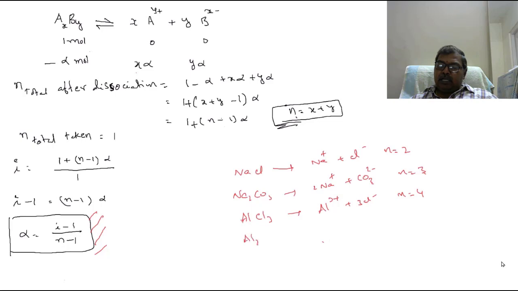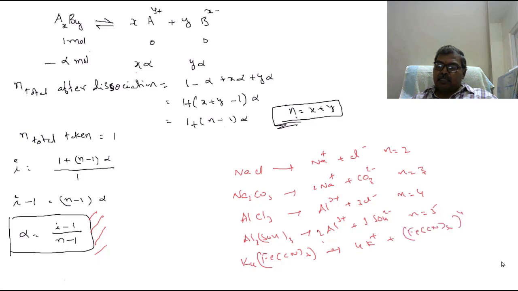Next, Al2(SO4)3, 2 Al3 plus, 3 moles SO4 2 minus, n equal to 5. K4[Fe(CN)6]. For this salt, 4 moles K plus, [Fe(CN)6] 4 minus. Therefore, for this salt n equal to 5. Clear? Note it.